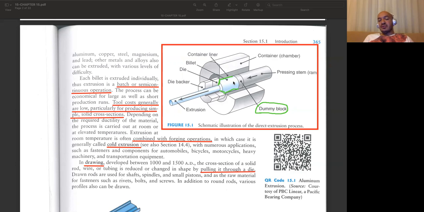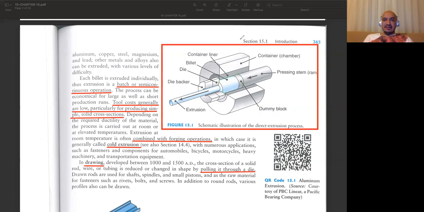Since this process is mostly performed at high temperatures, if you don't use such a block, then the bottom face of your ram will be worn, and you cannot maintain the quality of the ram, and you need to replace it frequently. So instead of replacing the whole ram, we use a dummy block, and once this dummy block is broken or worn, we simply change this little part instead of changing the huge ram. So this is an important issue, and in some cases we need to use such dummy blocks.